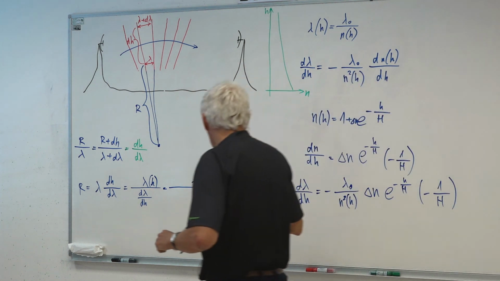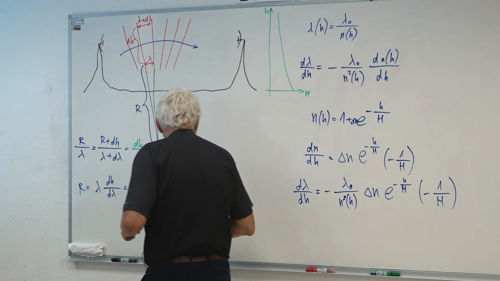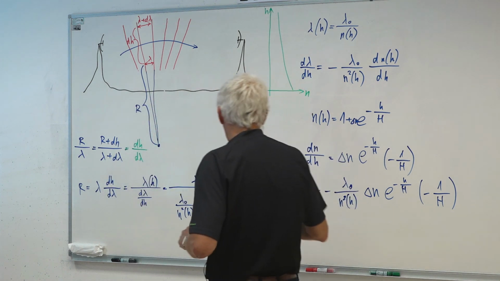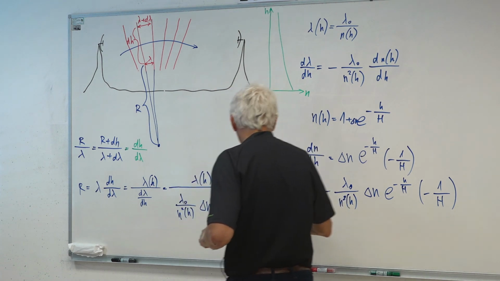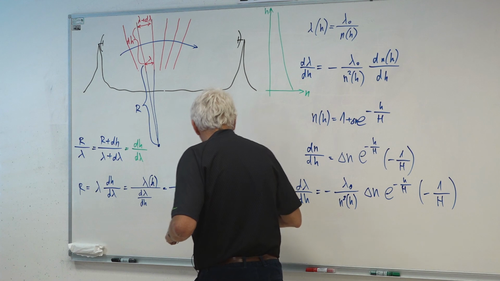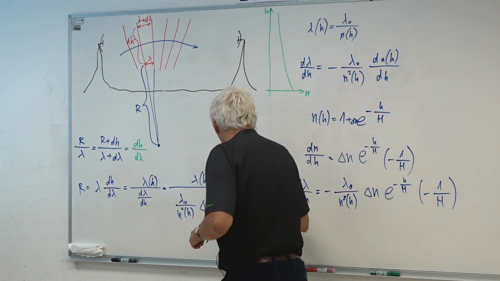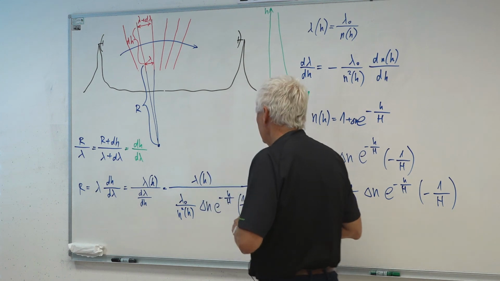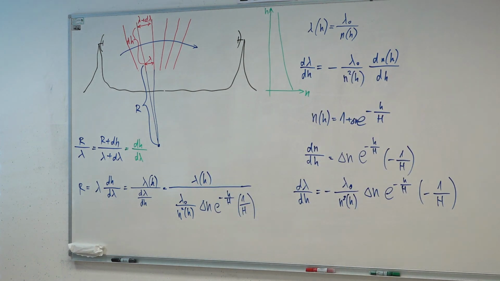I have lambda 0 over n squared of h. Delta n I have here. I have e to the minus h over capital H. I have 1 over capital H. Now, what can I do here?